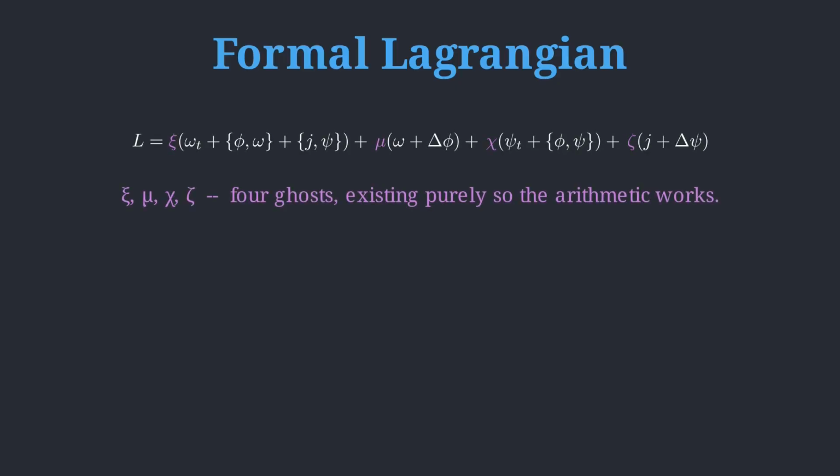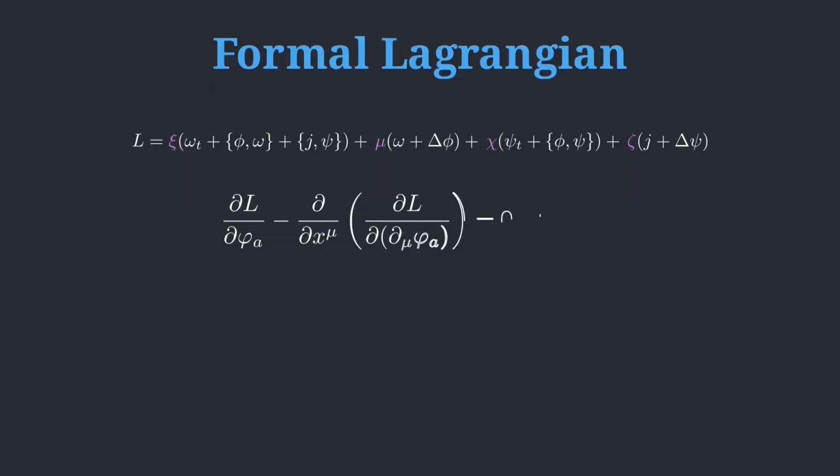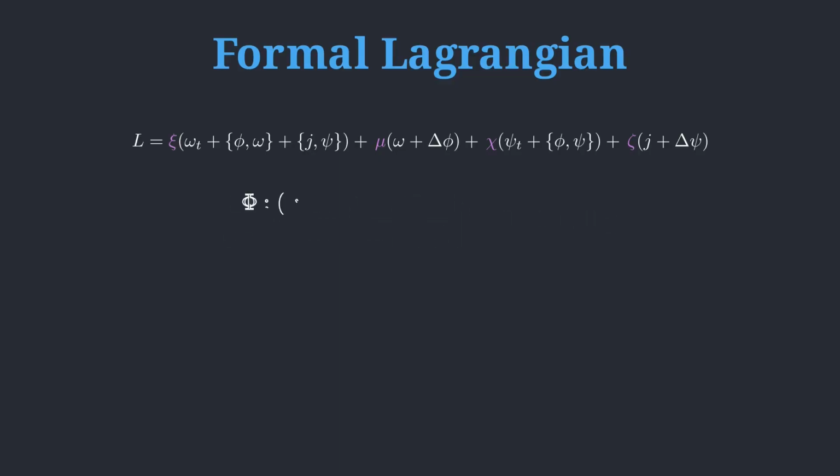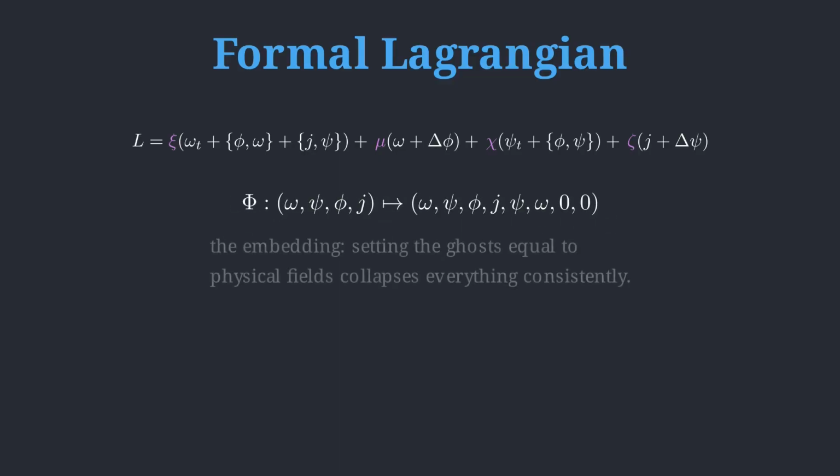Here, the four variables, psi, mu, chi, and zeta, are all ghost variables that only exist to make the arithmetic work. This helps by adding stationary variables to allow for one to vary the physical variables using Hamilton's principle, leading to a brand new adjoint equation, which brings us to the Euler-Lagrange equation, where phi denotes all of the variables, making the auxiliary variables found as a function of the original variables.